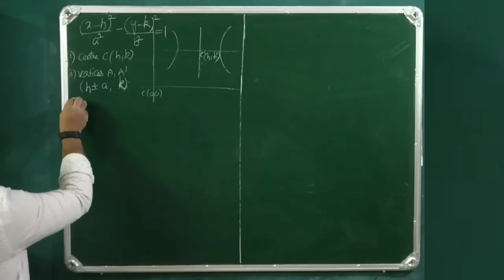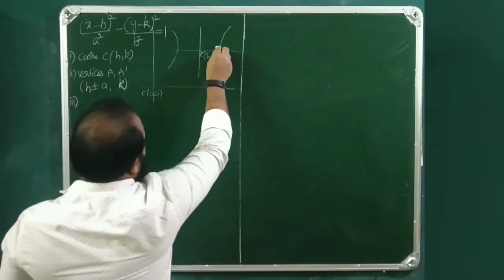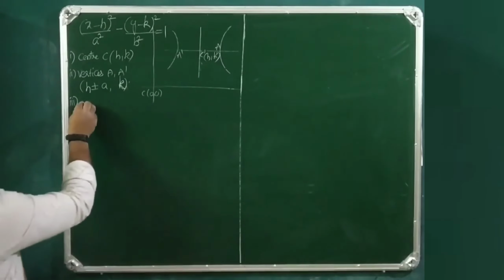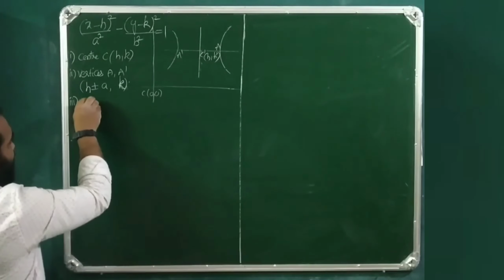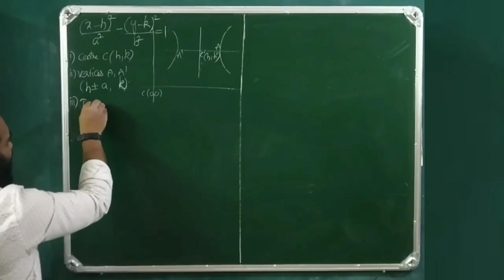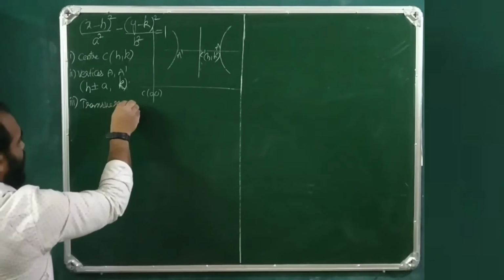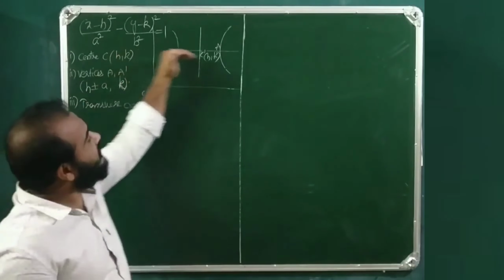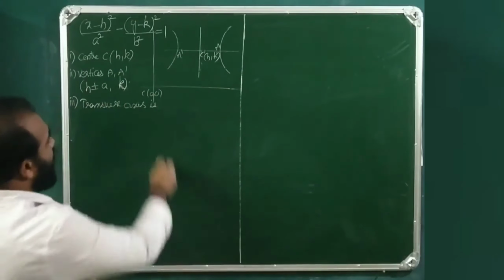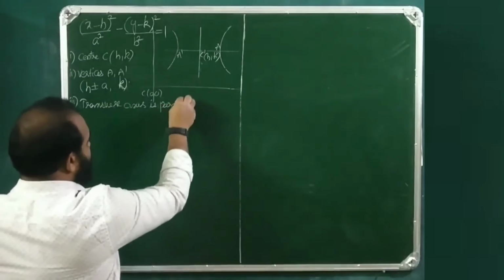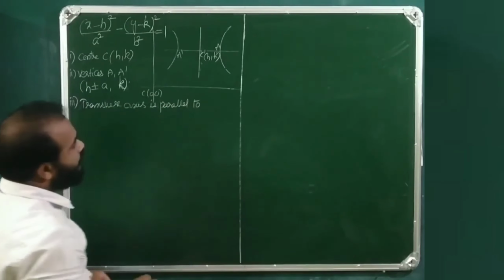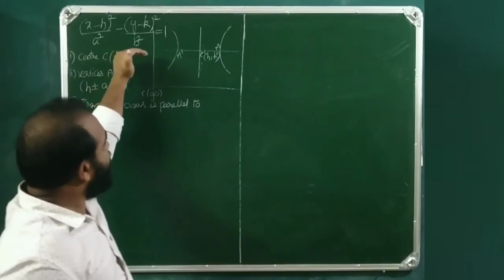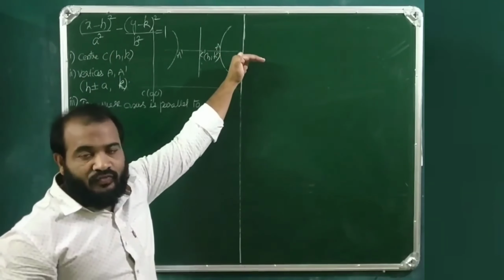Now here this is A dash. Earlier the transverse axis was along the x-axis, y equals 0.